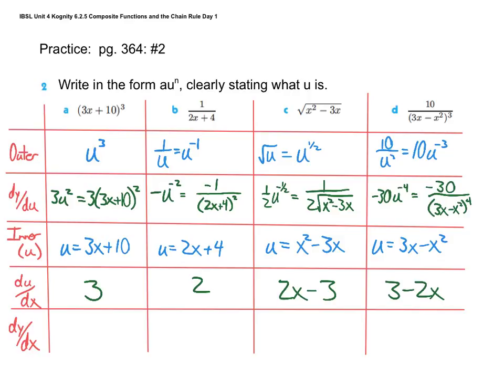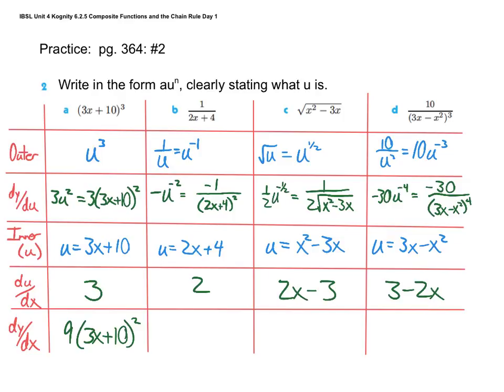So 3 times 3x plus 10 squared is going to be 9 times 3x plus 10 squared. Okay? So the derivative of 3x plus 10 cubed is 9 times 3x plus 10 squared. And then here we have a 2 times negative 1 over 2x plus 4 squared.